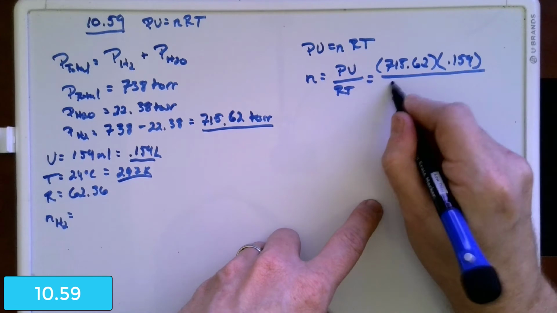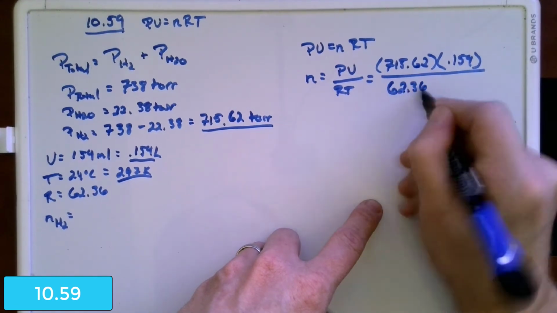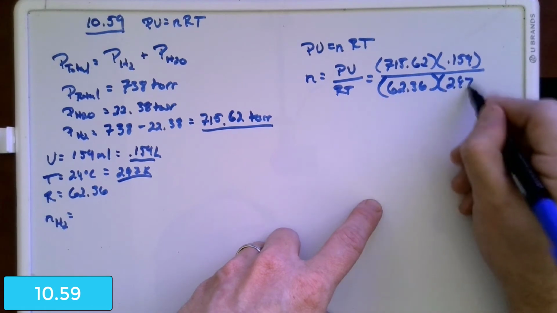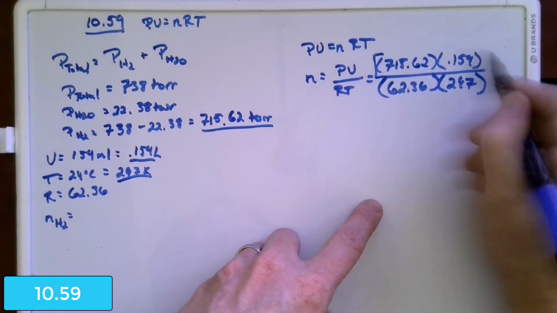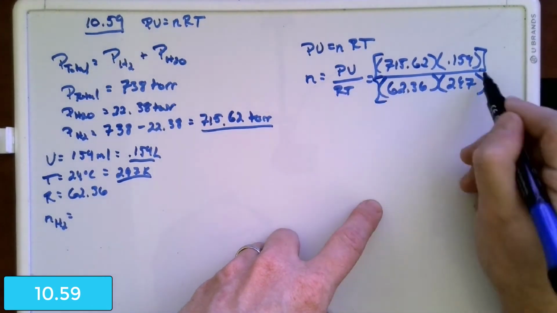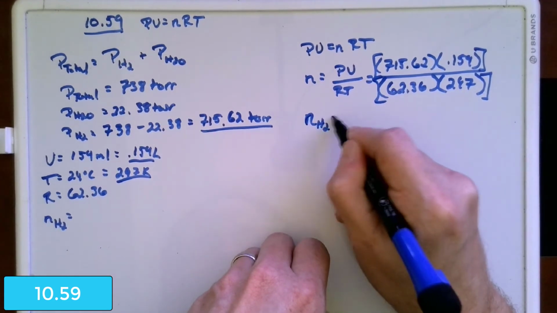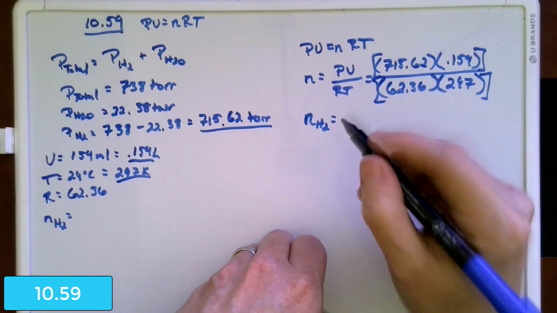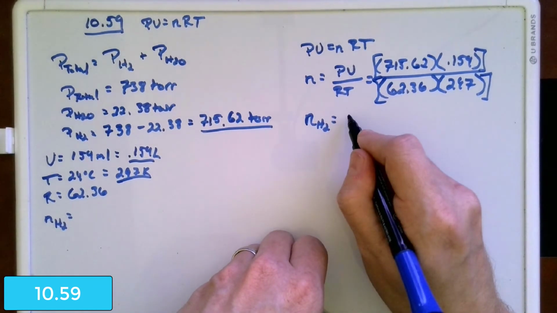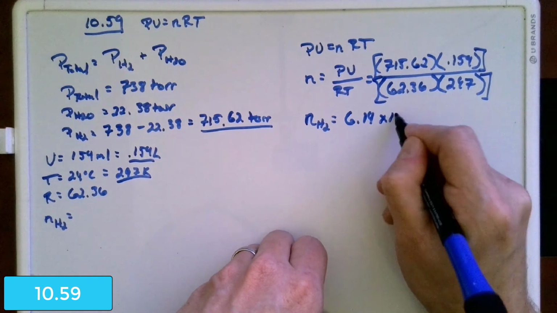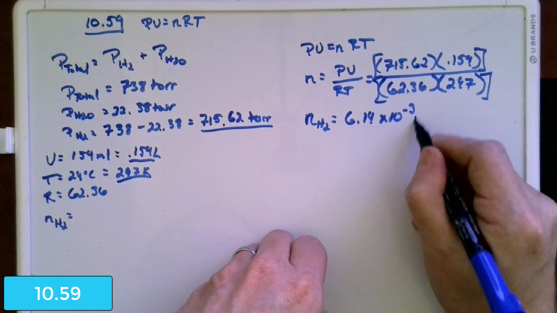The R value is 62.36. And the temperature is 297. Remember to maintain your order of operations. And then you will find that the number of moles of the gas that we're solving for, hydrogen, is a very small number, 6.14 times 10 to the negative 3 moles.